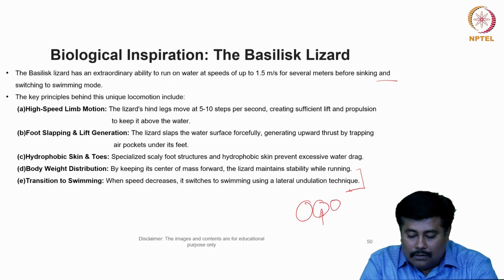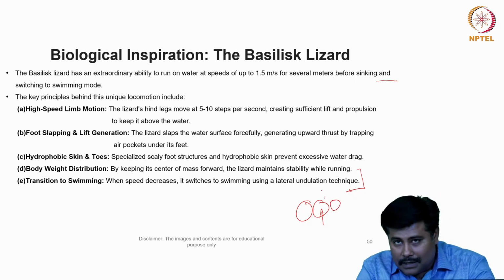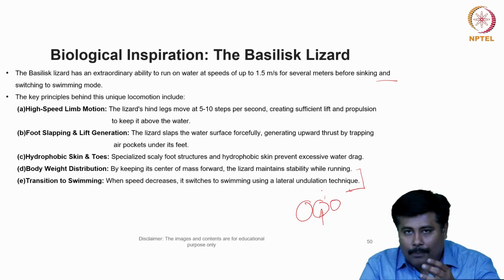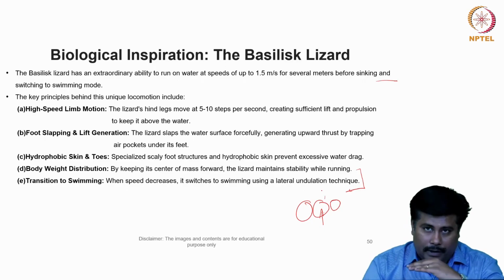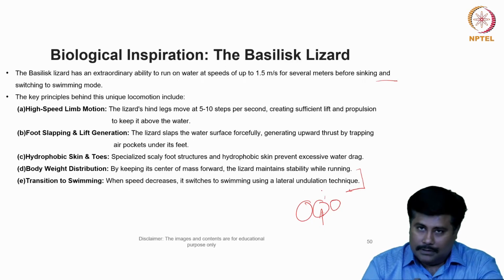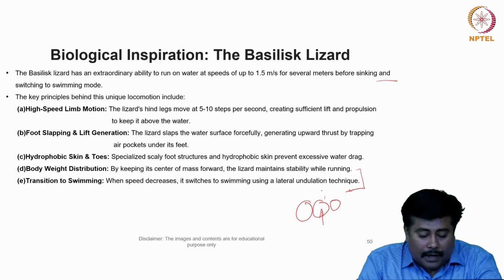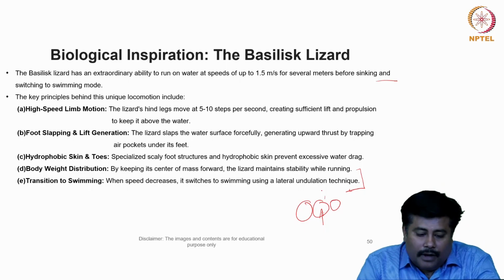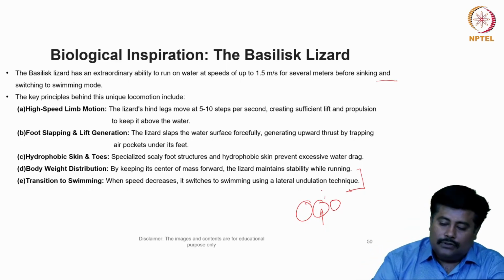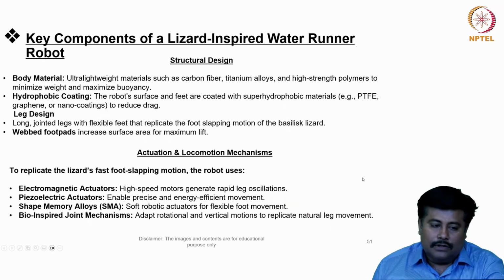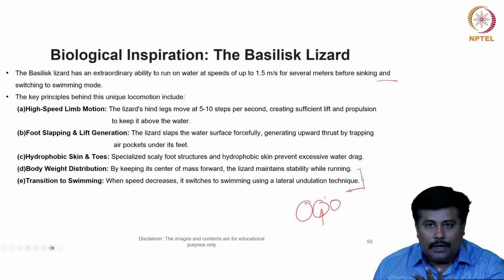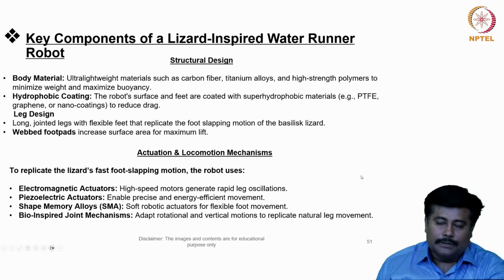The overall mass or weight distribution is under the abdomen, so we may need to design mechanisms to take care of the overall equilibrium in these structures. Then comes the transition to swimming. When speed decreases, it switches to swimming using lateral undulation techniques, which can also be considered a biological inspiration.